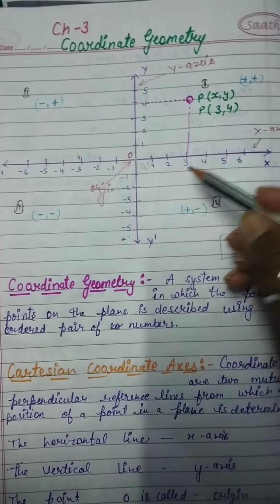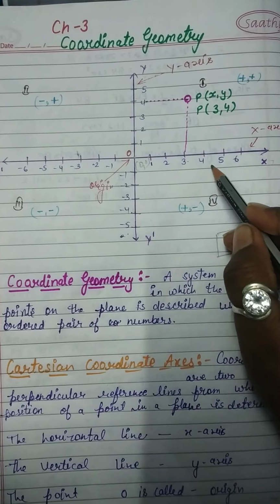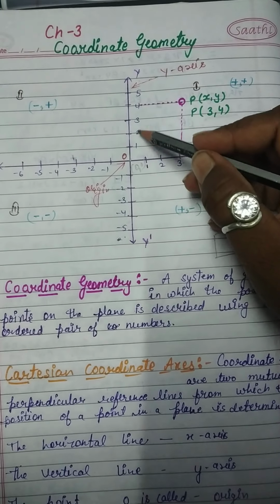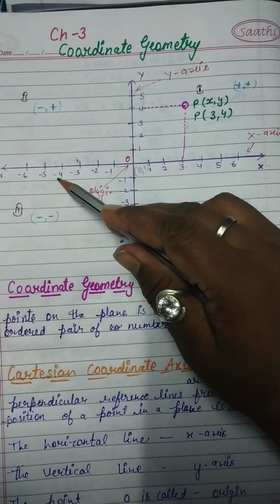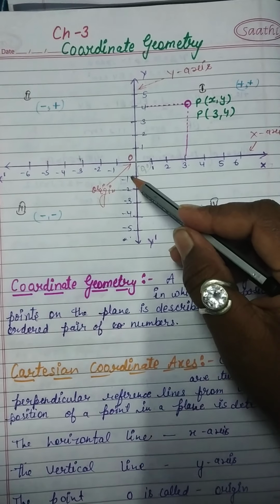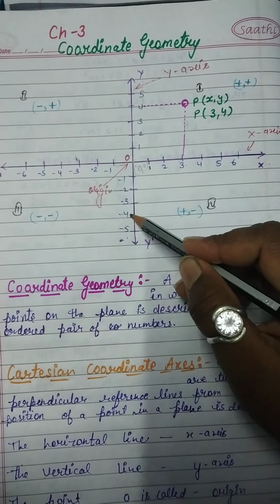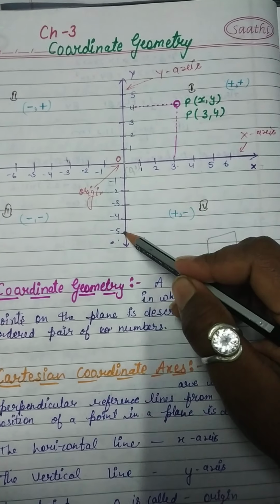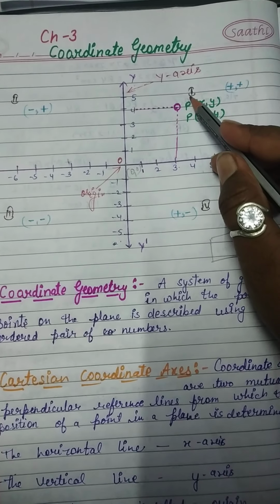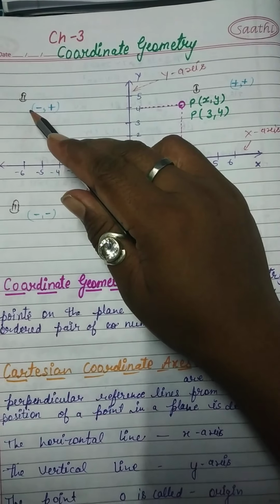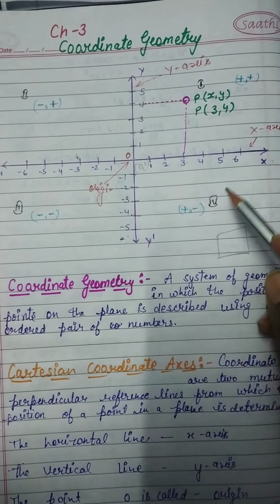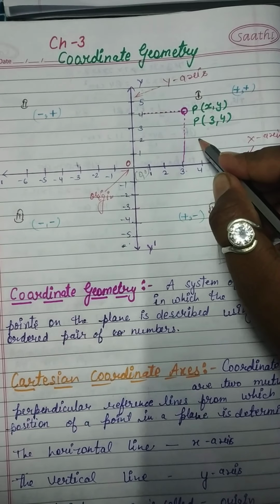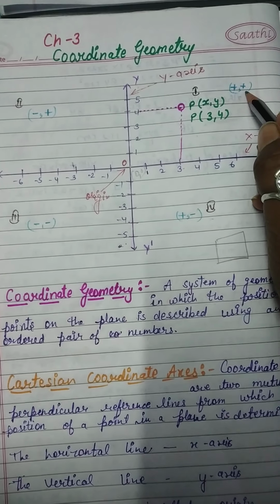So 1, 2, 3, 4, 5, 6, and similarly 1, 2, 3, 4, 5, and minus 1, minus 2, minus 3, minus 4, minus 5, minus 6, and minus 1 to minus 5. Now this is the first quadrant, this is the second, this is the third, and this is the fourth quadrant. In the first quadrant, both signs are positive.